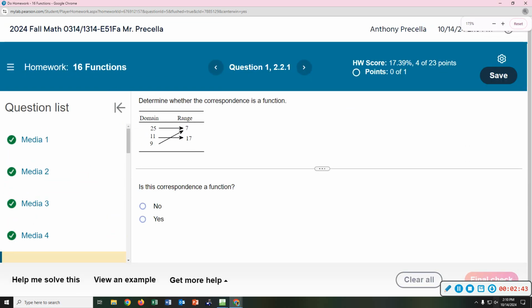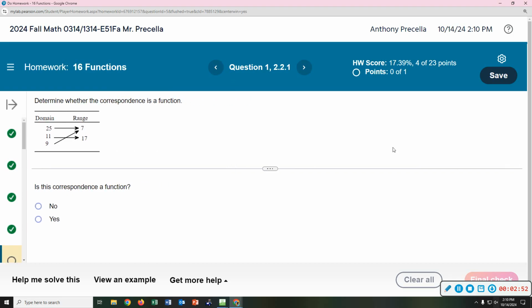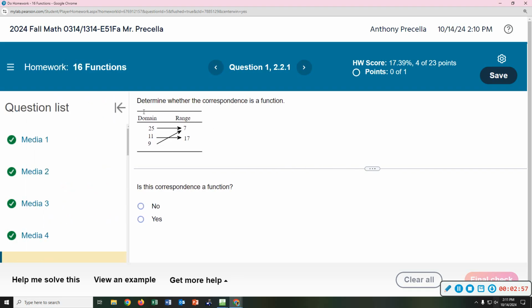Okay, so here we have this little correspondence table, whatever you want to call it. It says domain, range. Look at how it has these arrows. 25, that's the x value, is being assigned to the y value of 7. 11, that's an x value.